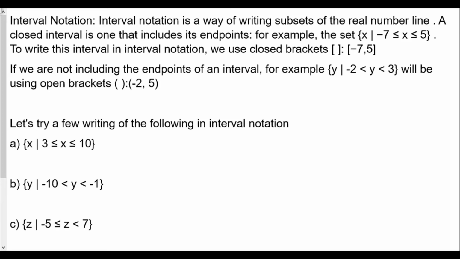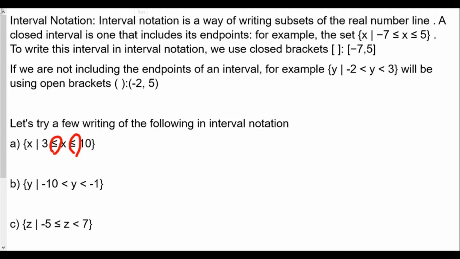So let's try a few of these and write the following in interval notation. For the first one, all values of x such that 3 is less than or equal to x is less than or equal to 10. We have the equal signs here, so we're going to use the hard bracket. I'm going to type this out.